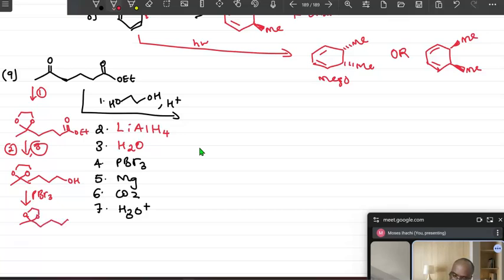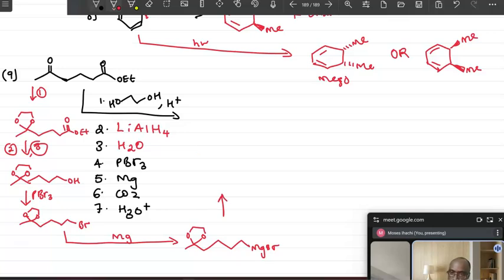Converts it to a bromine. I did that. Once the bromine is there, I make my Grignard. That's why we protected the ketone. Yes, MgBr. And here comes CO2. CO2, I told you, is a ketone in disguise. So it does make a carboxylic acid. It's one way of adding a carbon.